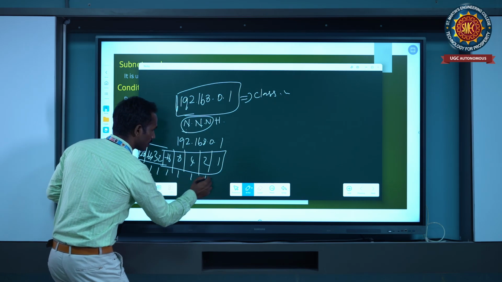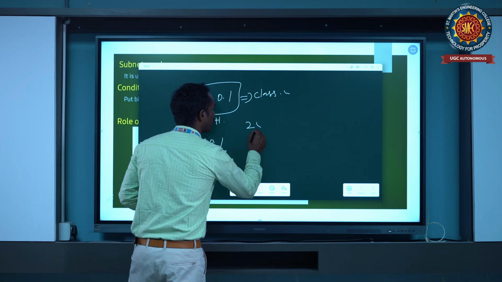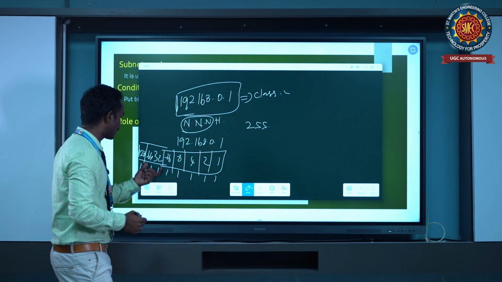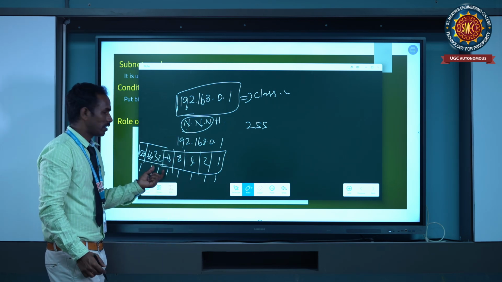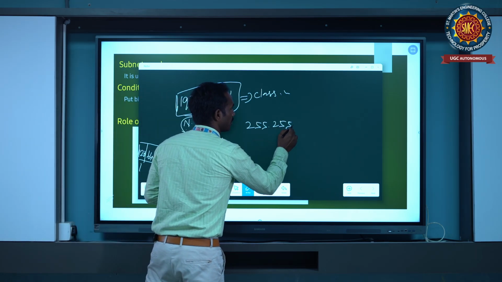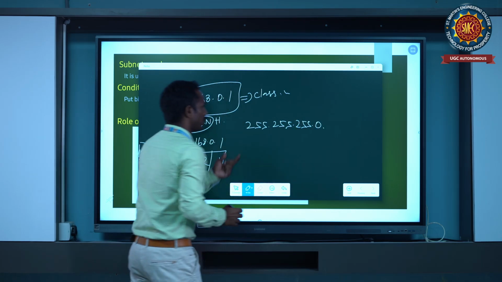So calculate all the values, and that will come to 255. And the next is 168. For 168 also we put the binary value 1, so that also will come to 255. Like that, it is the subnet mask.